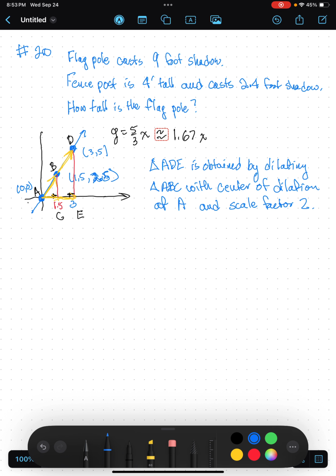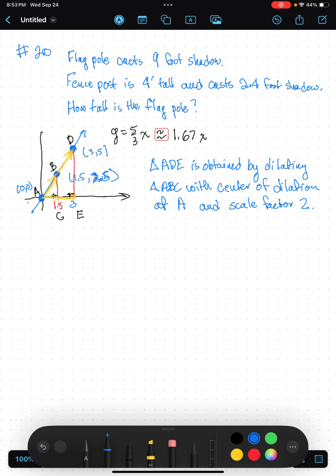Let's also think about the length of these two red sides of the triangles that we dropped from points B and D perpendicularly to the x-axis. When we shoved points D and E out by a scale factor of 2 in the same direction, what happened to the vertical side of the triangle? When we doubled the other two sides, we ended up having to double the vertical side of the triangle.